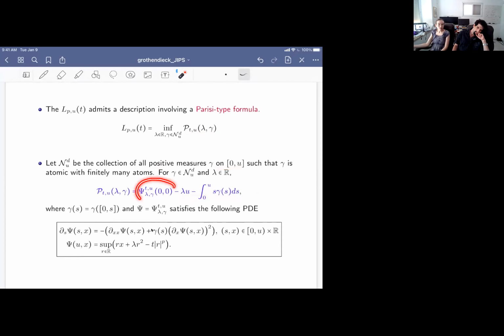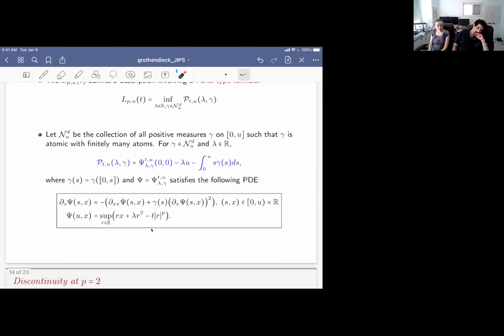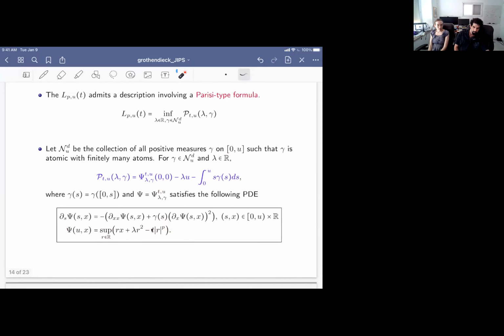The first term is a complicated term, which is the solution to a parabolic PDE given by this equation. This PDE is defined on a strip [0,u] cross R, and on the right boundary we have this boundary condition. Note that p enters only in this boundary condition, nothing else. So this is a complicated description of the limiting constant.